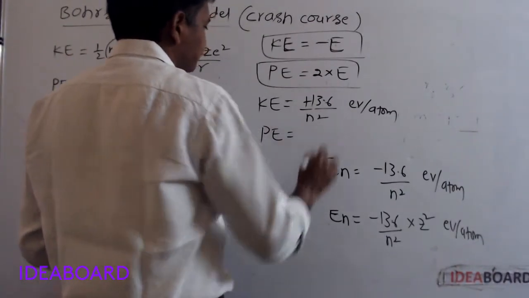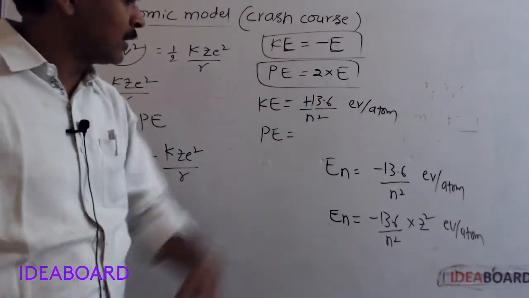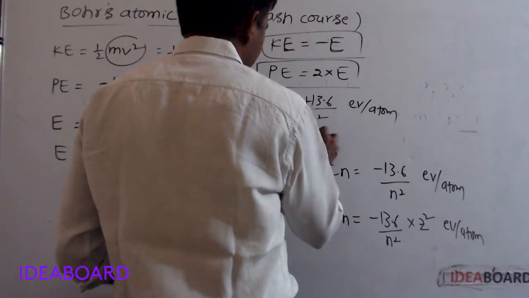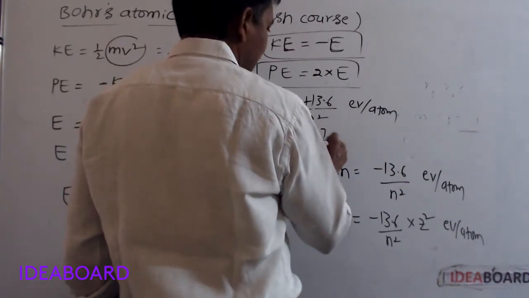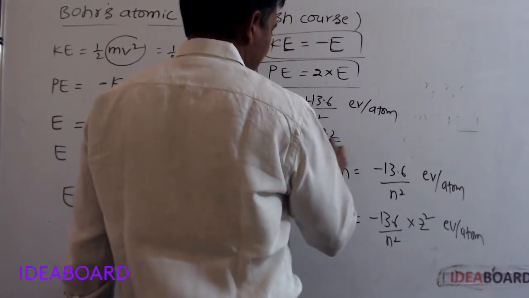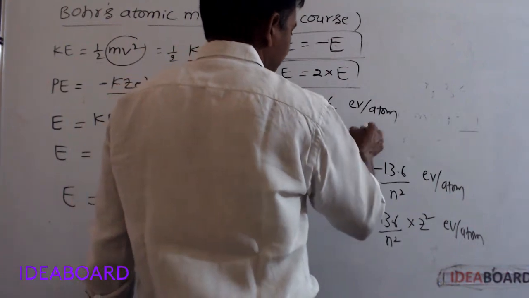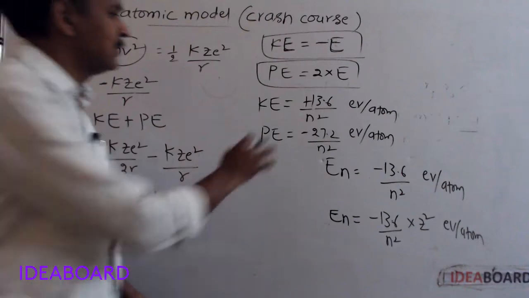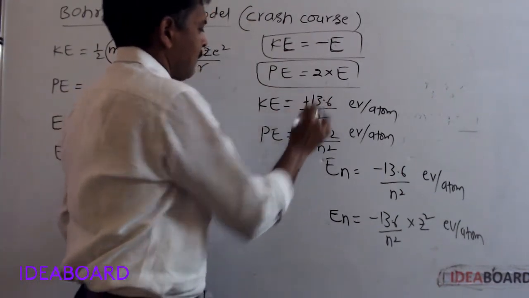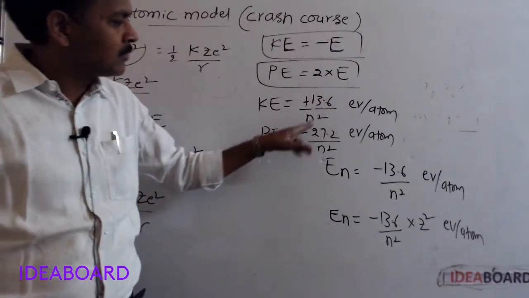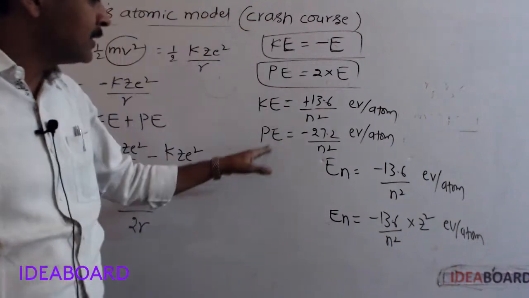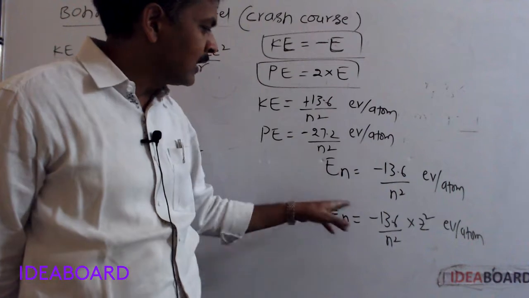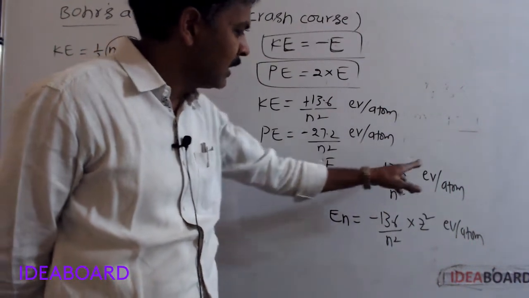Potential energy is equal to 2 times of total energy, double of this, minus 27.2 divided by n square electron volts per atom. Total energy is minus 13.6 by n square electron volts per atom.